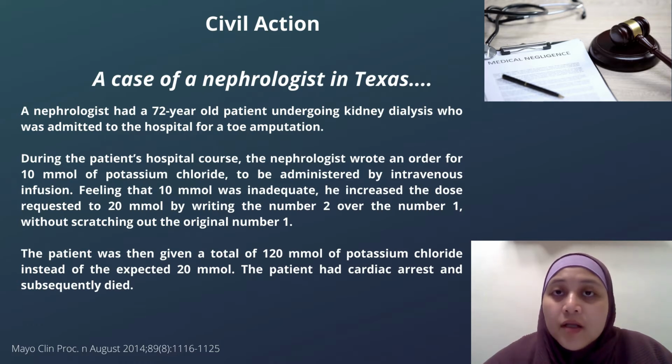At trial, the defendant nephrologist argued that 120 millimole dose was so out of range for a normal dosing of potassium chloride that the pharmacists and the nurses should have clarified with him prior to administering it to the patient. The civil court jury awarded the family of the patient $380,000 for negligence on the part of the physician.